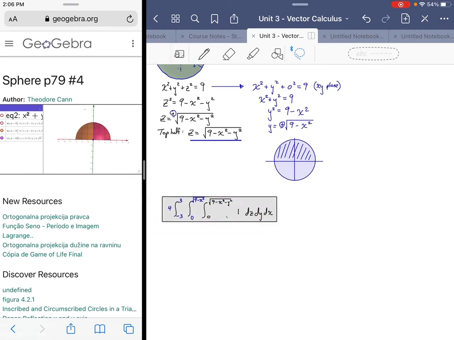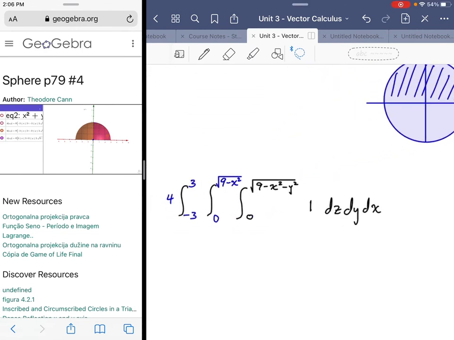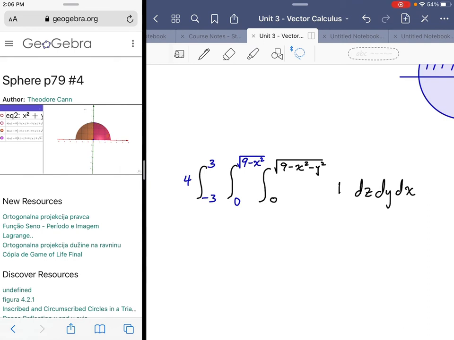Put it on down here, get rid of all this. All right, so we're stuck with that, but I can replace this with its polar equivalent, because we know that x squared plus y squared is equal to r squared. This is the same as saying the square root of 9 minus x squared plus y squared.